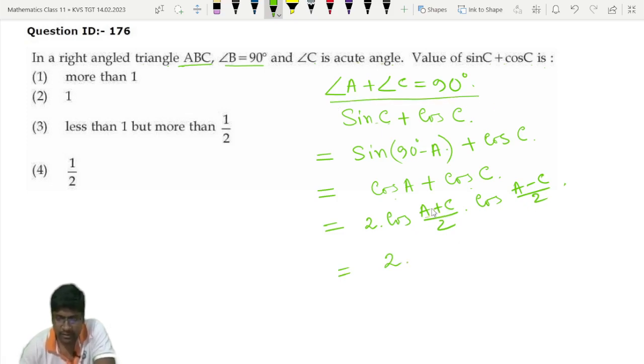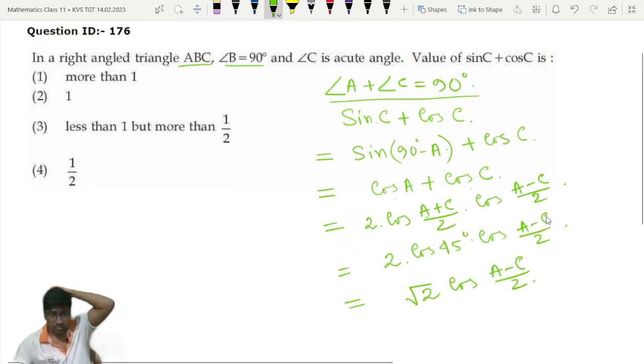So (A plus C) by 2 means 45 degrees. So cos 45 degree, and cos of (A minus C) by 2. A minus C we don't know anyway. So cos 45 degree means 1 by root 2. So 2 and 1 by root 2 will be cancelled. So it will become root 2 into cos of (A minus C) by 2.